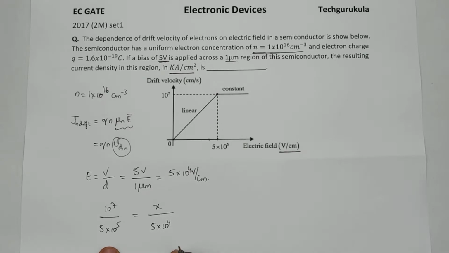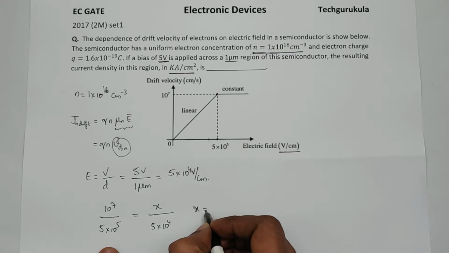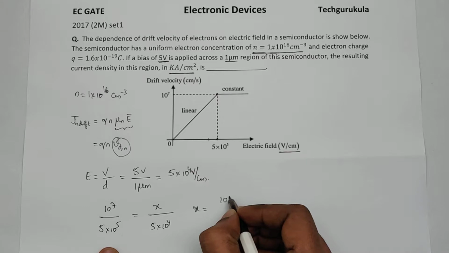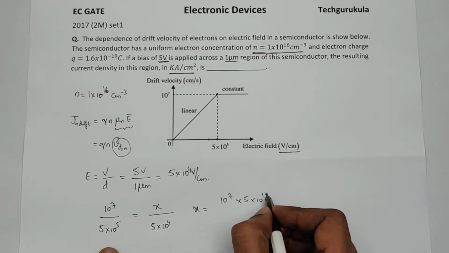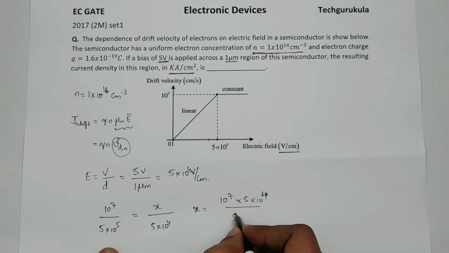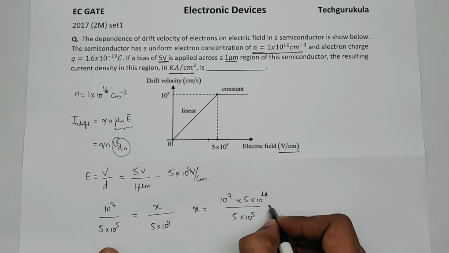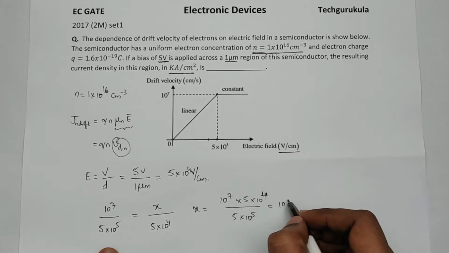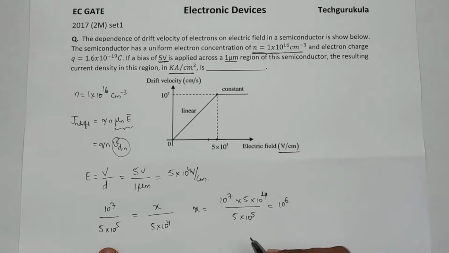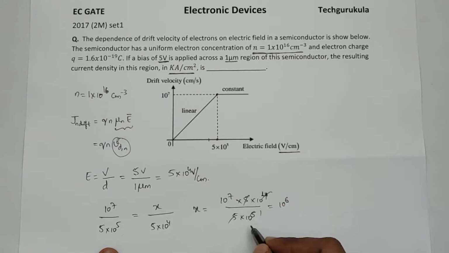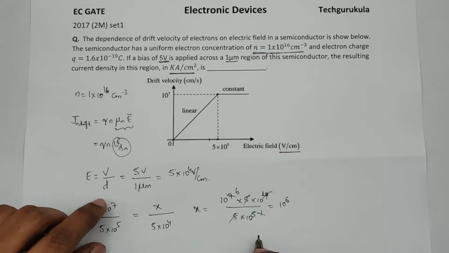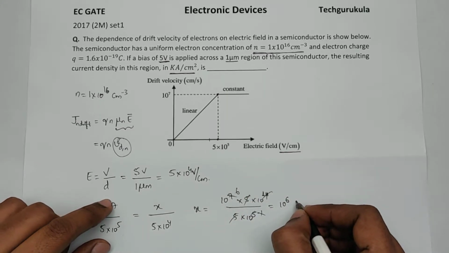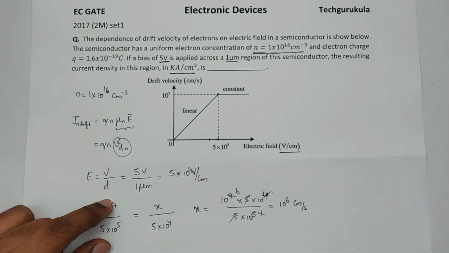So let's find this out. x can be written as 10 power 7 times 5 times 10 power 4 divided by 5 times 10 power 5. The 5 cancels, 4 becomes 1, so it becomes 10 power 6. Now the drift velocity is 10 power 6 centimeters per second.